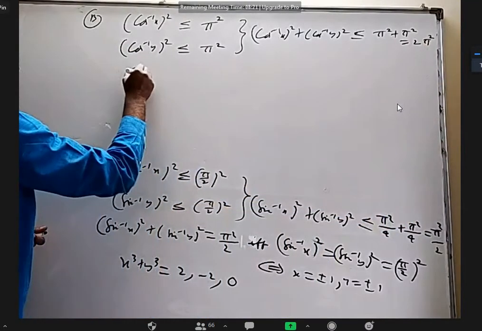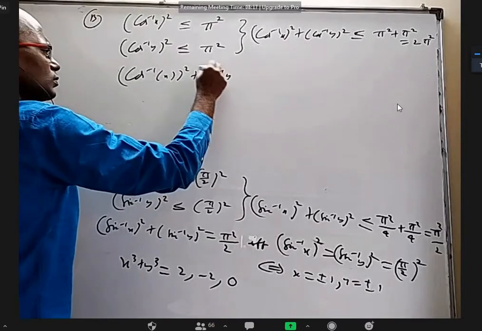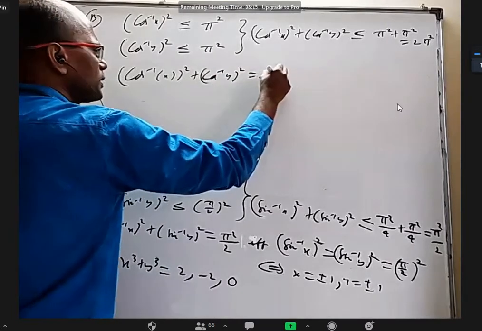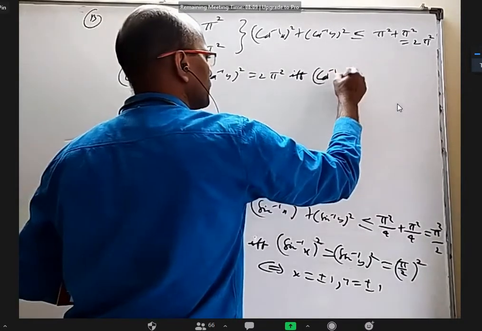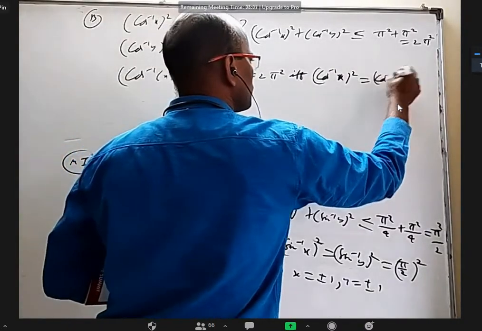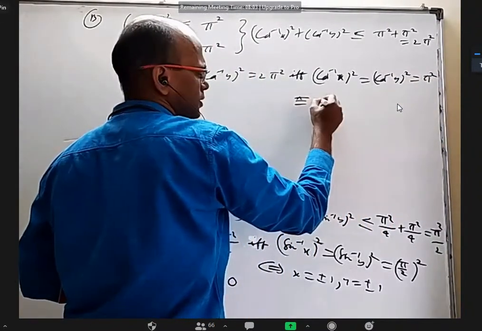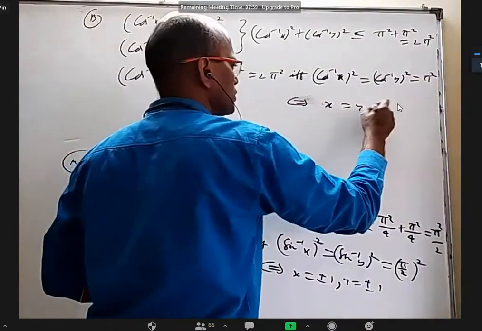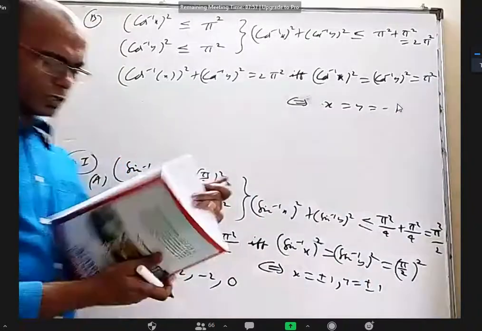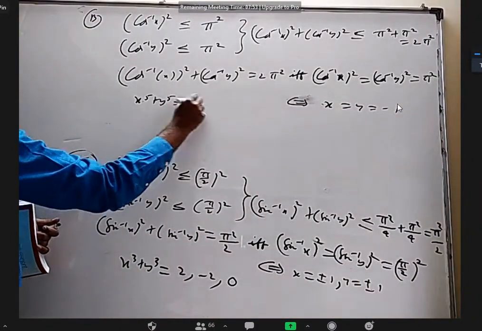So the maximum value is that, and cos inverse x whole square plus cos inverse y whole square equals 2 pi square if and only if cos inverse x whole square equals cos inverse y whole square equals pi square. That is a double implication: x equal to y equal to -1 only, nothing else. Then x power 5 plus y power 5 is obviously -2. That's all.